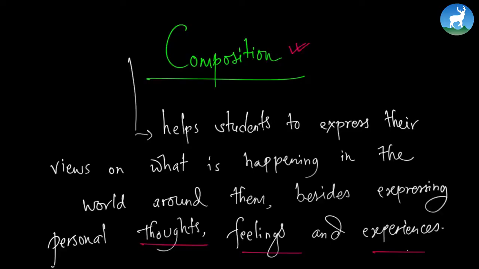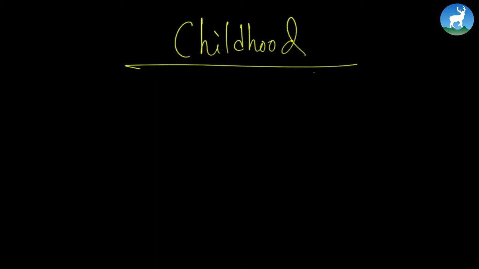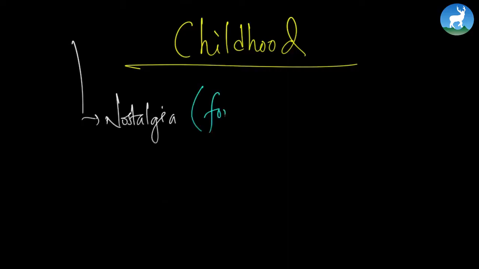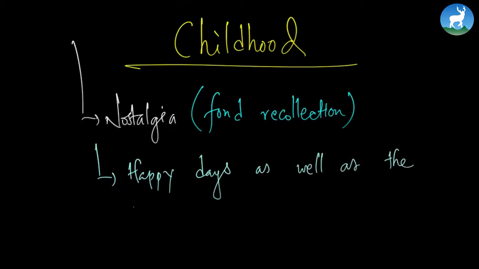But before that, let's just list out all the main ideas about childhood. So here we go. Childhood. Whenever we think about childhood, we are filled with nostalgia, right? We remember childhood in a fond way. We have a fond recollection of our past memories. We also think about the happy days as well as the bad days. There were days when you were feeling a little low, and there were days when you were excited.